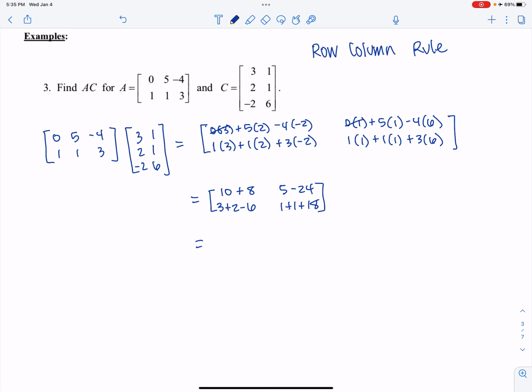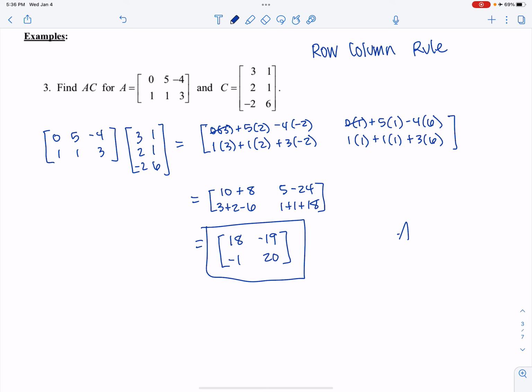This gives us 18, negative 19, negative 1, and 20. So this is A times C. And remember, in matrix multiplication, A times C does not equal C times A, unfortunately.